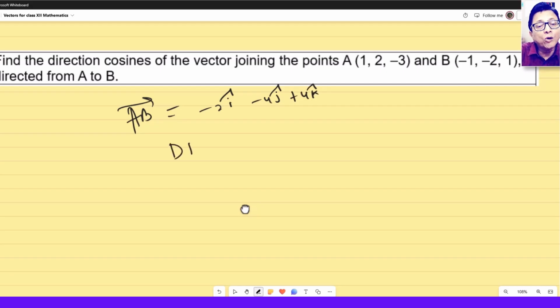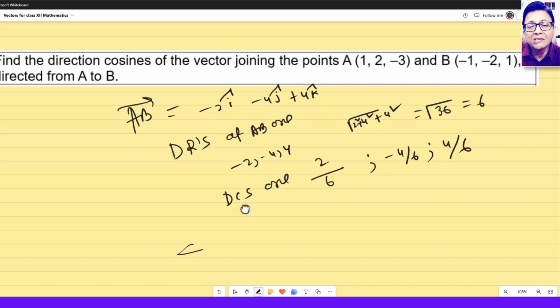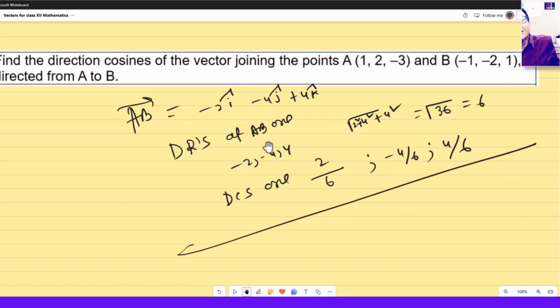So the direction cosines of AB are what? 2 by 6, because 4 squared, 2 squared also there, root 36, that is 6, minus 4 by 6 and 4 by 6. These are the direction cosines.